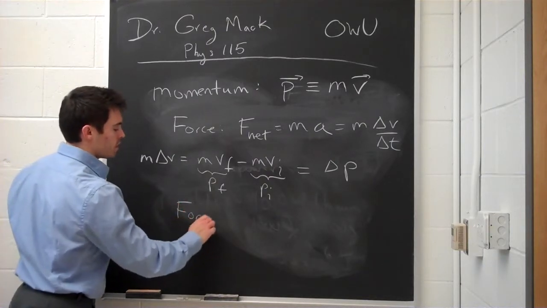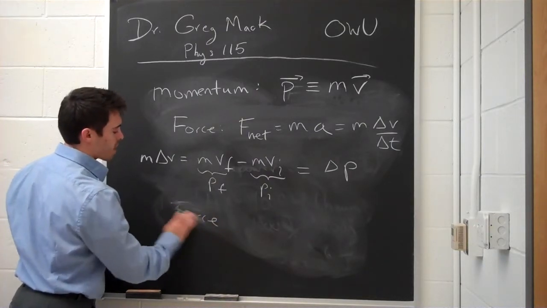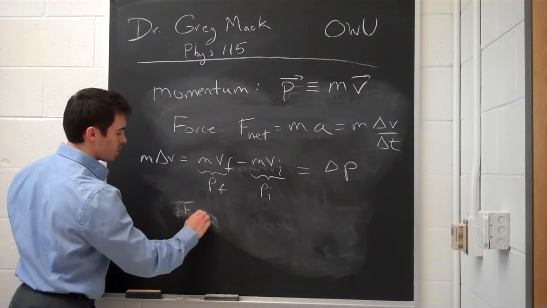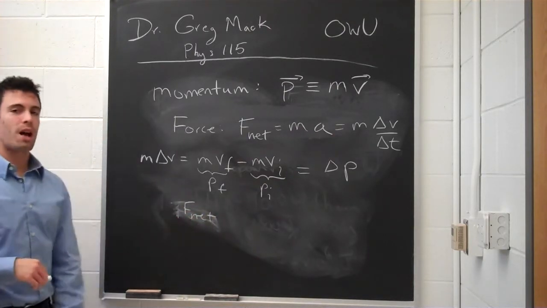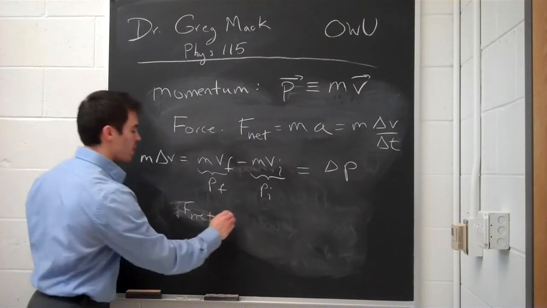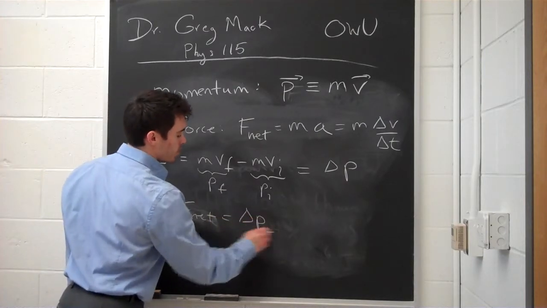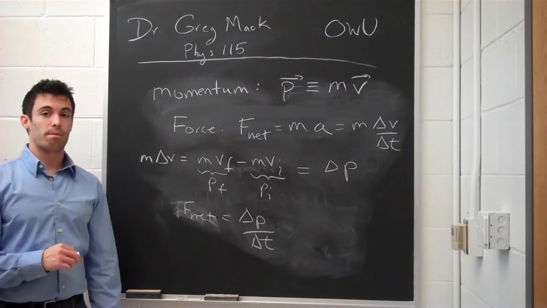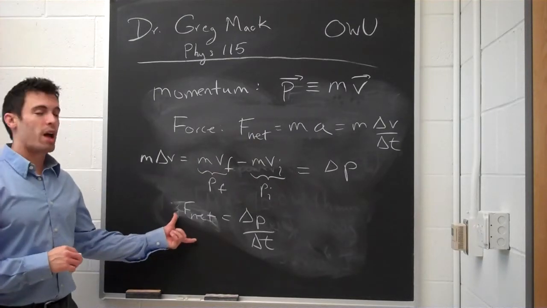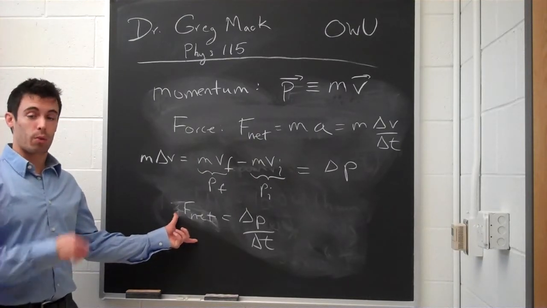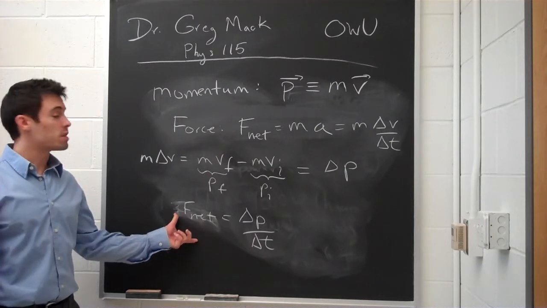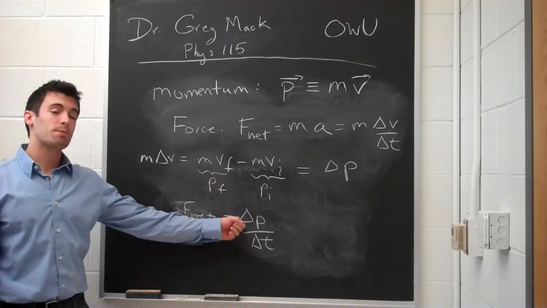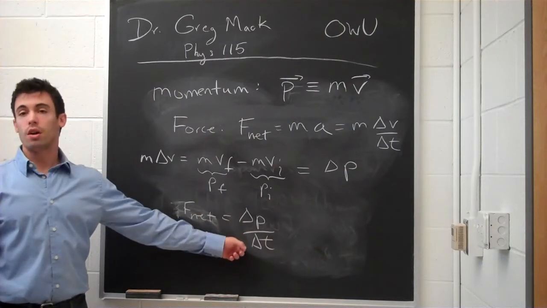So force, the net force an object experiences, isn't just its mass times its acceleration, but it's also equal to its change of momentum over a given time. And this is actually the original way that this was formulated back when Newton was thinking about things with regard to forces. He was thinking about an object's change in momentum in some time period.